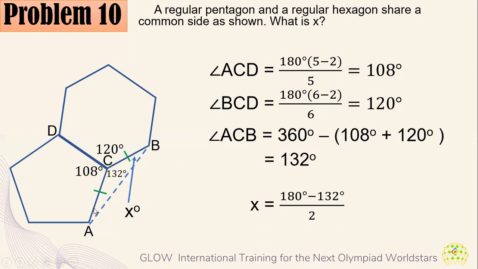That's why, if this is x, this is also x. This is a triangle ABC, and that's 180 minus 132. And dividing both sides by 2 because they're equal, we get 24 degrees. Hence, the correct answer here is 24 degrees.